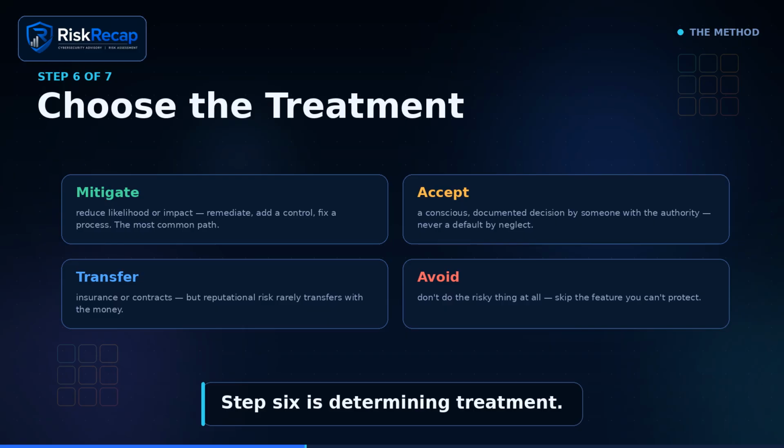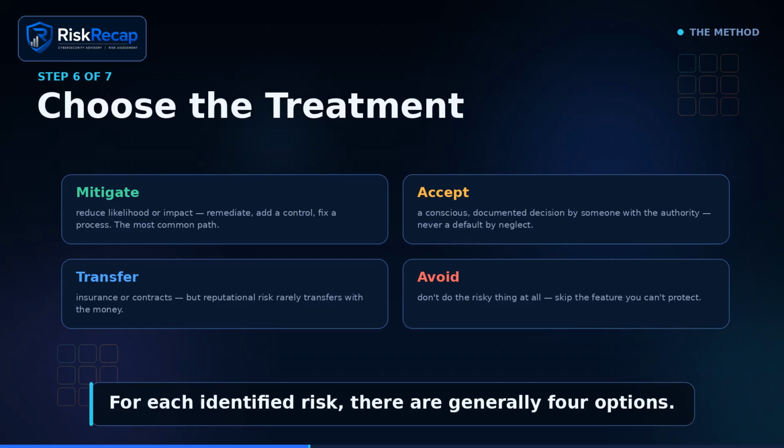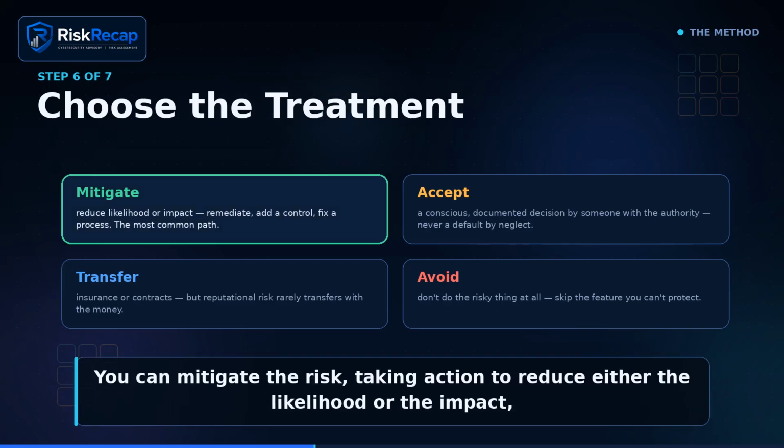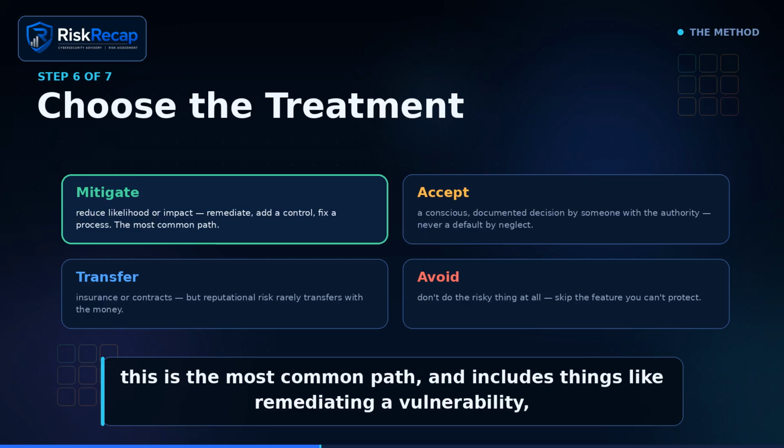For each identified risk, there are generally 4 options. You can mitigate the risk, taking action to reduce either the likelihood or the impact. This is the most common path and includes things like remediating a vulnerability, implementing a new control, or improving a process.